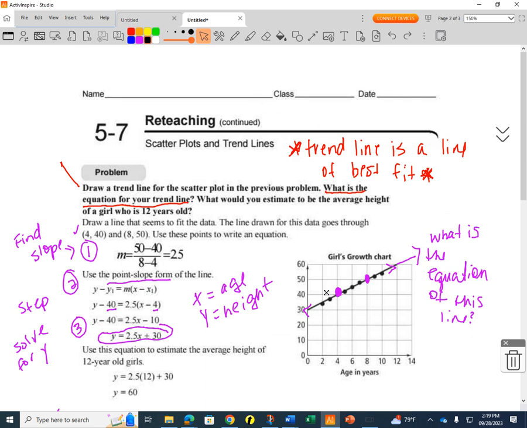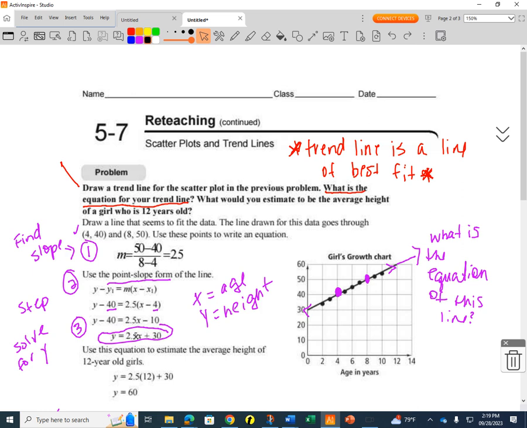So from here, if we have a trend line, we can use the skills that we've been reviewing when we need to write the equation of a line based on 2 points. We can pick 2 points that our trend line goes through, find the slope, plug into point slope form, and then solve for y so we have it in slope intercept form.